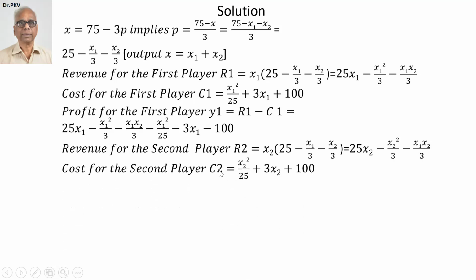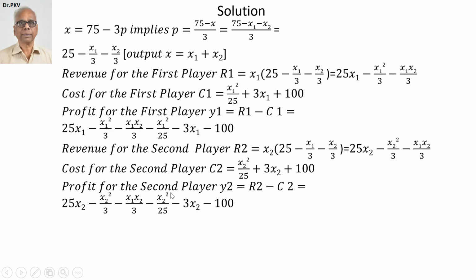Cost for the second player is C2 equal to X2 squared by 25 plus 3X2 plus 100. So profit for the second player, Y2 is equal to R2 minus C2, which is 25X2 minus X2 squared by 3 minus X1X2 divided by 3 minus X2 squared by 25 minus 3X2 minus 100.